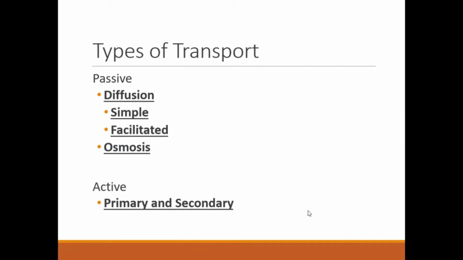From there, we will look at the different types of passive transport, diffusion, and then simple versus facilitated diffusion, and why we need two different types. Then we'll look at our next type of passive transport, being osmosis. And then lastly, we'll finish off with our two different types of active transport, primary versus secondary.